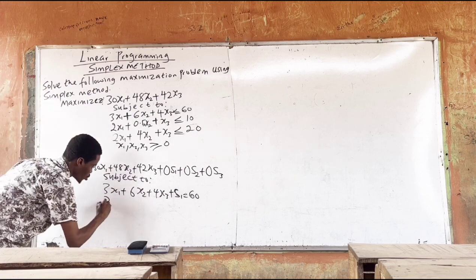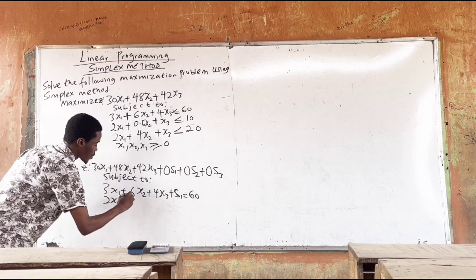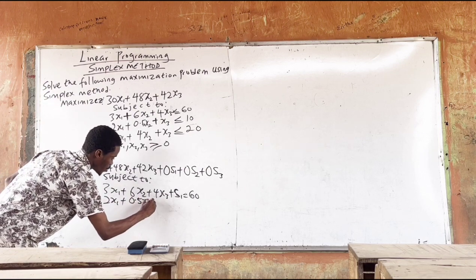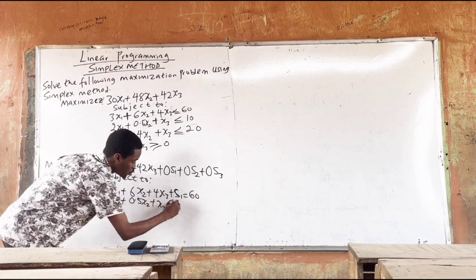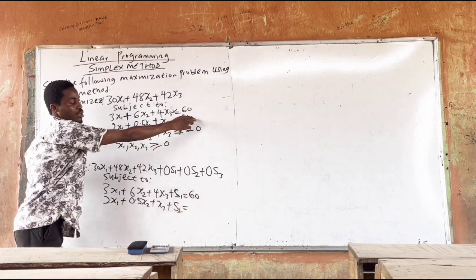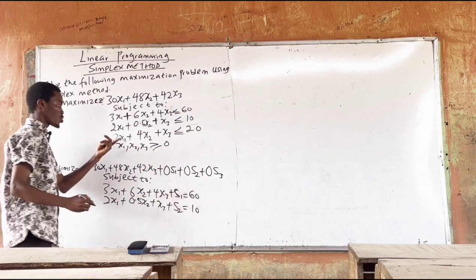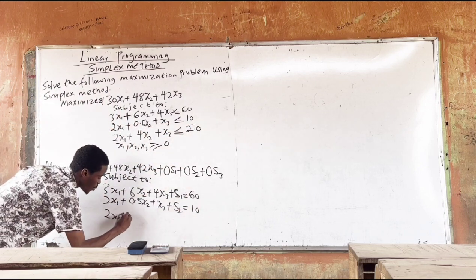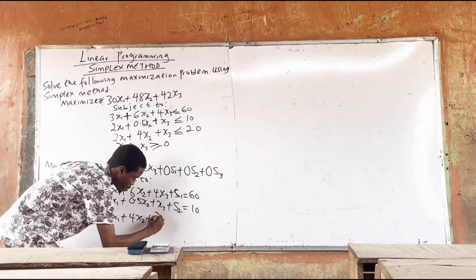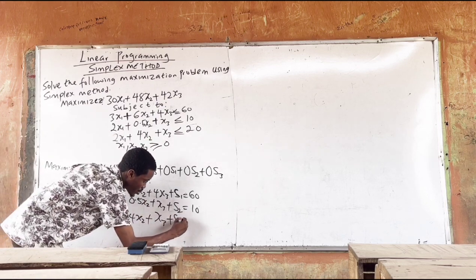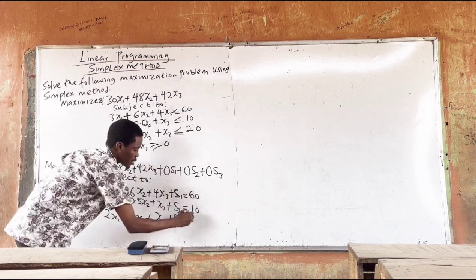Then my second constraint, 2x1 plus 0.5x2 plus x3 plus my slack variable s2 is equal to 10. Then my last constraint, 2x1 plus 4x2 plus x3 plus s3 is equal to 20.